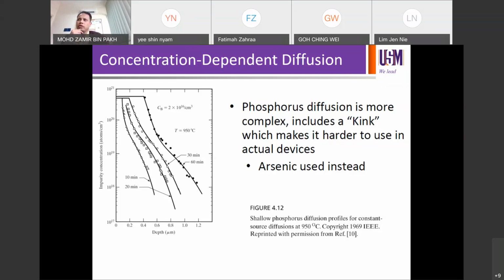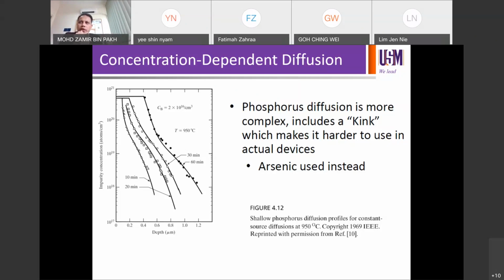When you successfully diffuse your channel or your emitter or whatever you call it, according to your device, you want to know how much you have diffused into the silicon in terms of the junction depth, the doping profile, and the surface concentration.